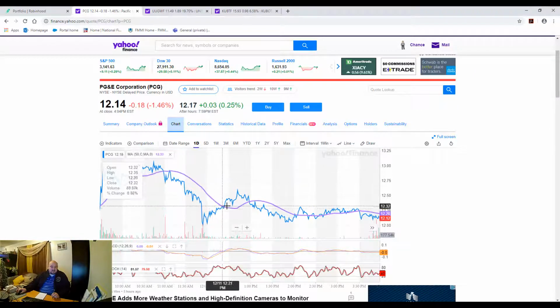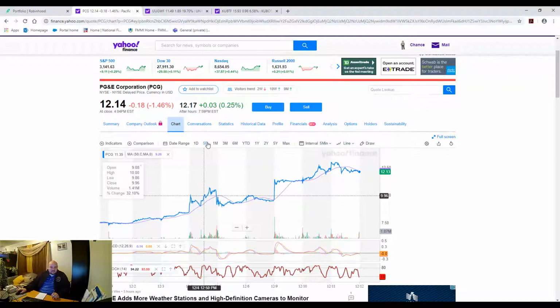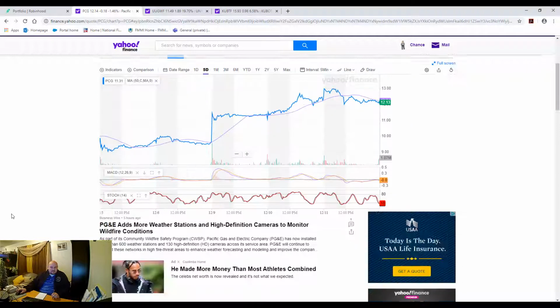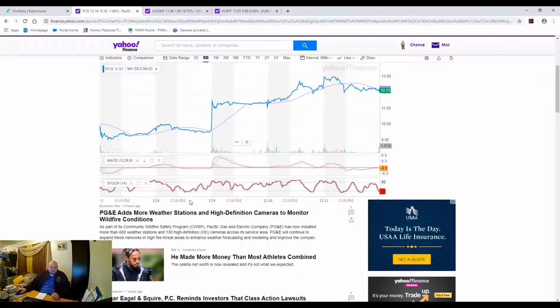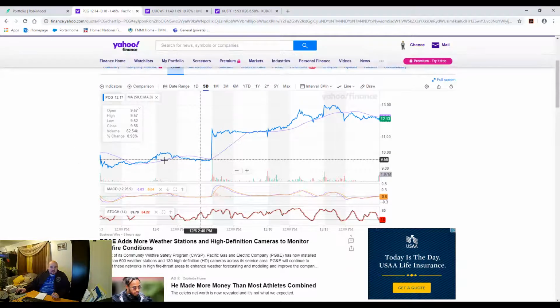I wouldn't suggest doing this on a day trade, but if we looked at it on a 5-day scale, on the 8th, it was down and there was a huge buy, bringing it from $9 a share all the way up to $12, and then it more or less floated in this region.